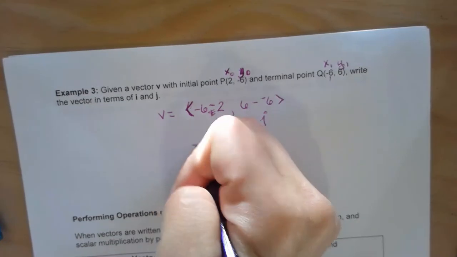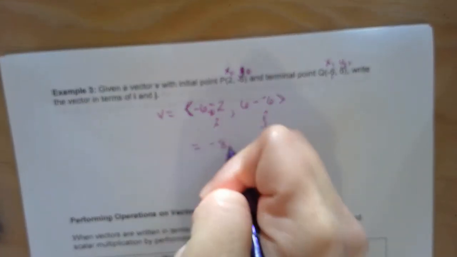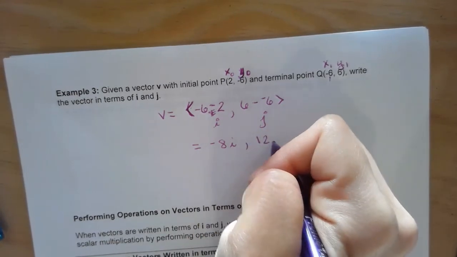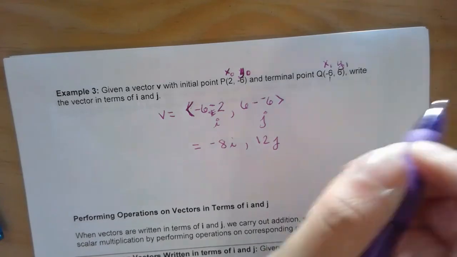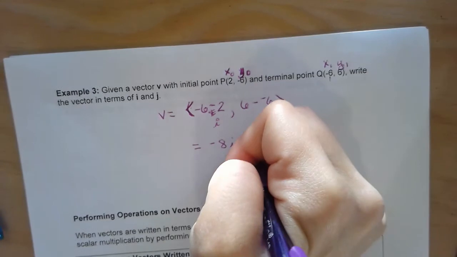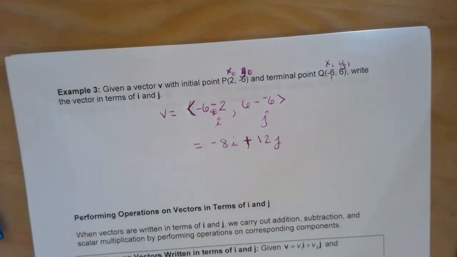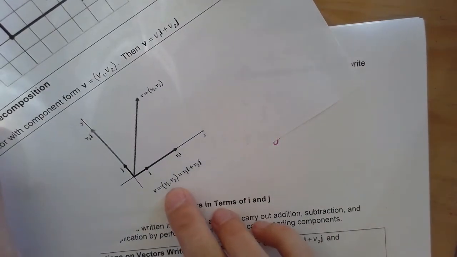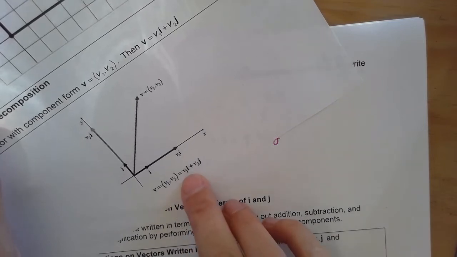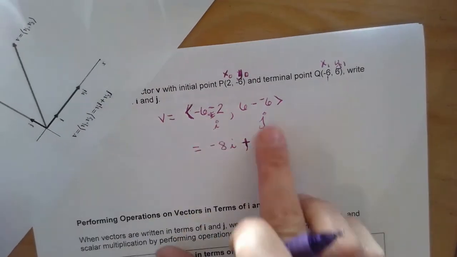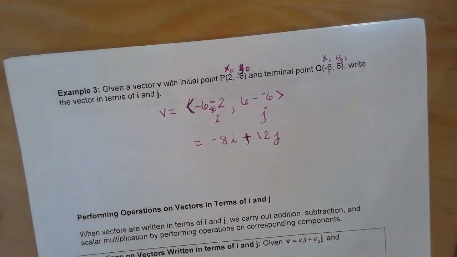So I can now rewrite that as -8i, and really what we're doing is adding these components together. Remember back here, the vector (v1, v2) is the same as v1i plus v2j. So there is my i, there's my j, and I'm going to add them together.